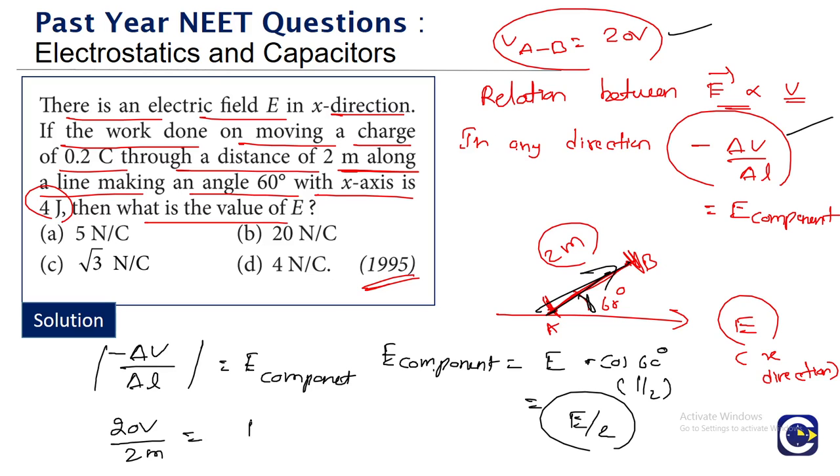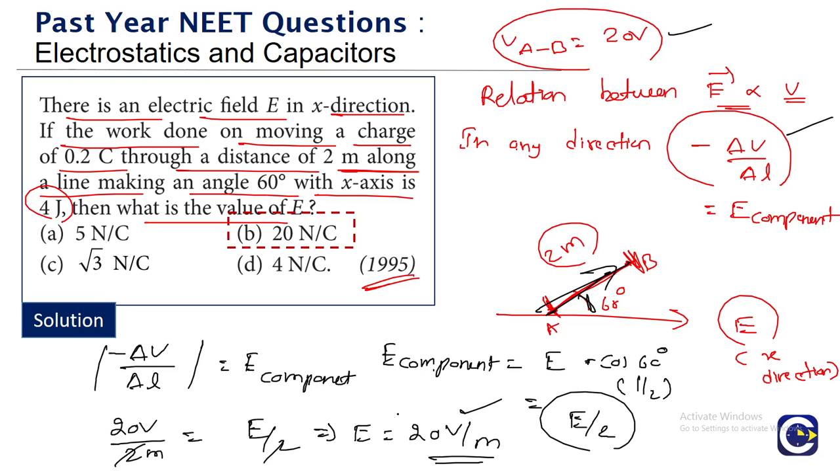This is equal to the component of the electric field in the direction, which is E by 2. So 2 is cancelled. So electric field is equal to 20 volt per meter. We can express the SI unit of electric field in one more way. Instead of volt per meter, we can say Newton per coulomb also. So what is the answer here? Option B, which is 20 Newton per coulomb.